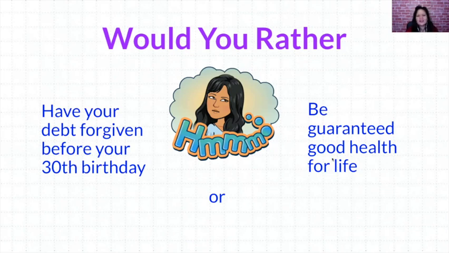So some said good health, but it was interesting to see some of the students talk about debt, especially some of my older students that already had a job, talking about loans and credit cards, and some even talking about student loans and having that debt.